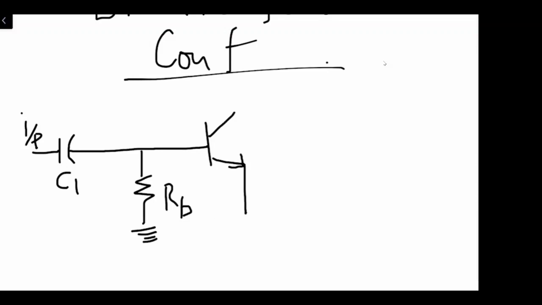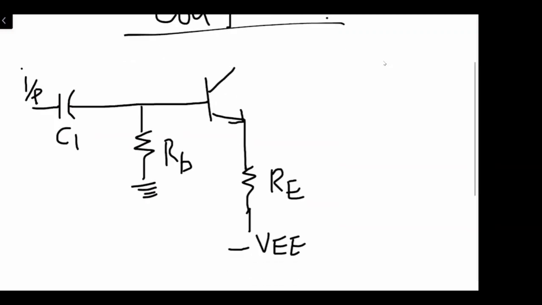In the emitter leg, we have the emitter resistance as Re, and we are applying the voltage source over here as VEE, right?